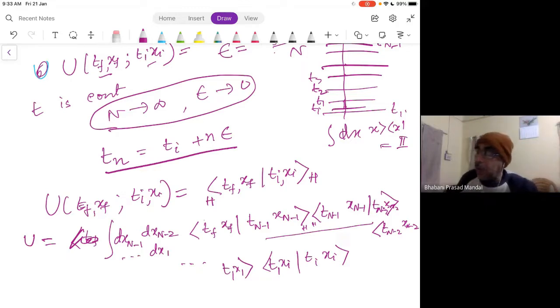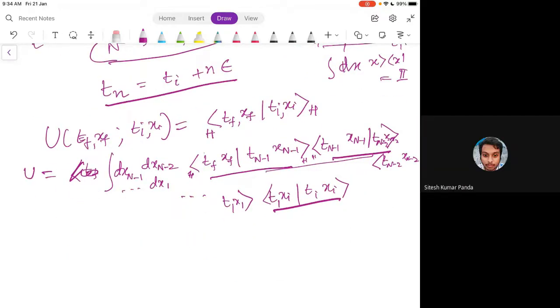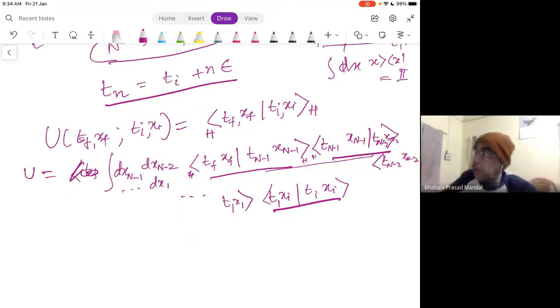So what I did, I inserted n minus 1 completeness relations, and now I have inner products all in the Heisenberg picture, of a kind which I can calculate. How many such inner products will there be?